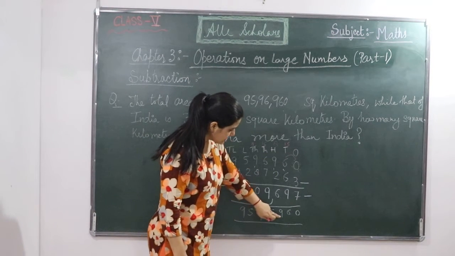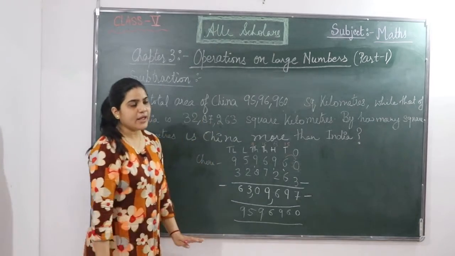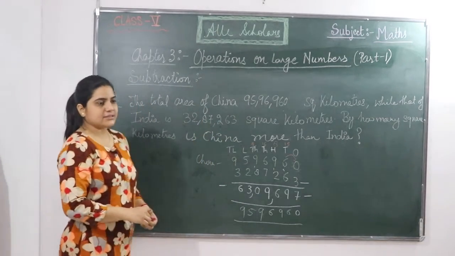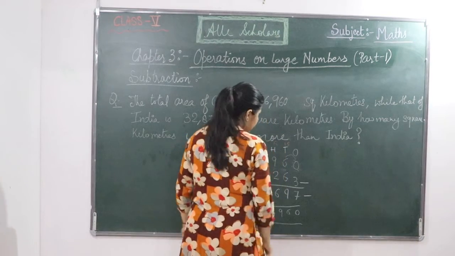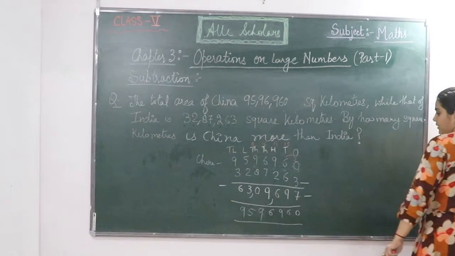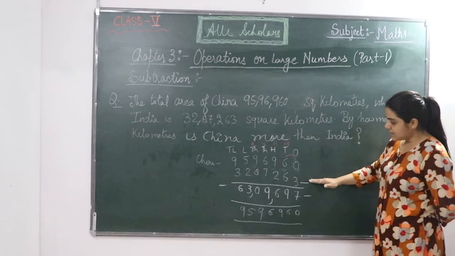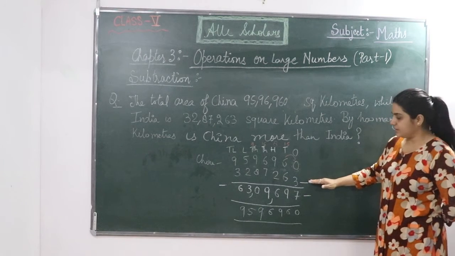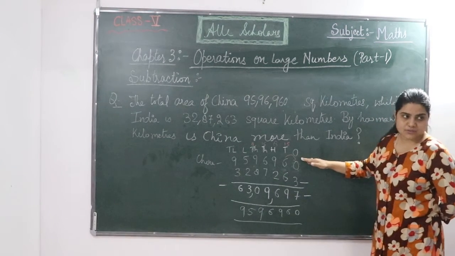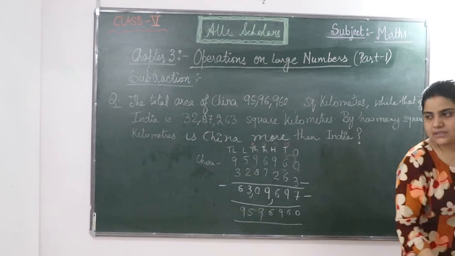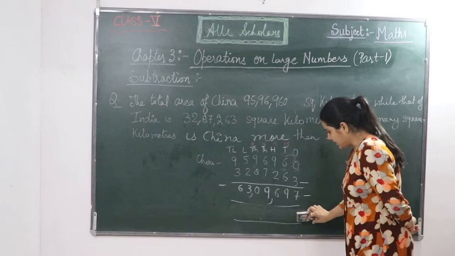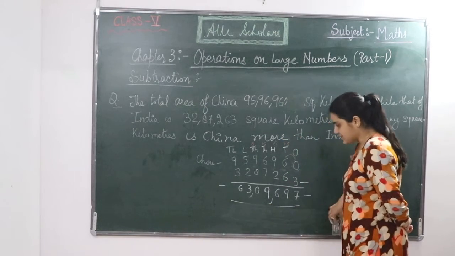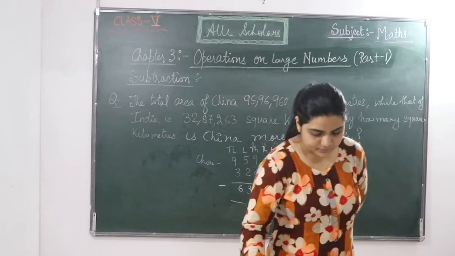Okay, so like this you can check whether your answer is correct or not. The difference which you have got plus the number which you have subtracted gives you the one from which you have subtracted. Okay, so you need not write this. That was just to show you that your answer is correct.